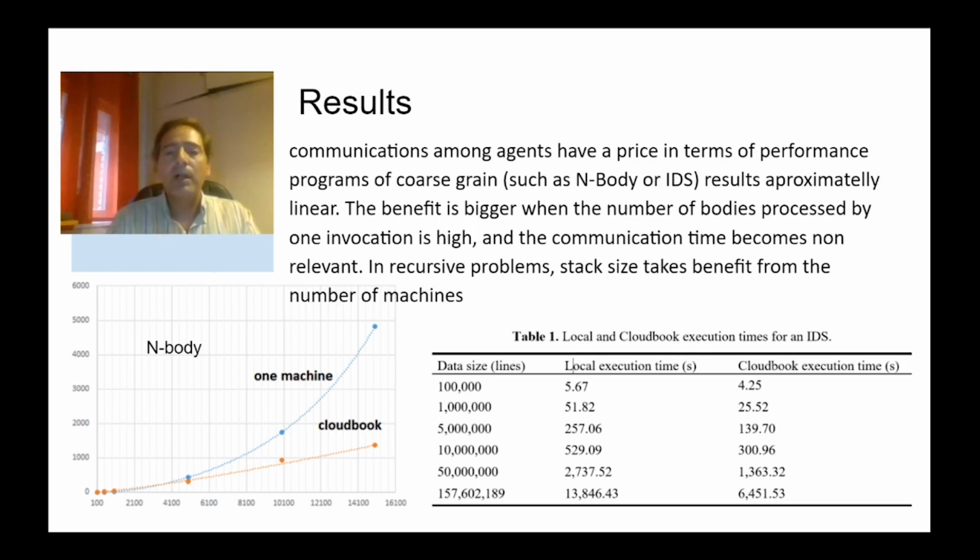For recursive problems, stack size benefits from the number of machines. The recursive problems are not sped up, but the stack size is increased linearly. If you have 4 machines, you have a stack size 4 times bigger, so you can go deeper in the recursion.